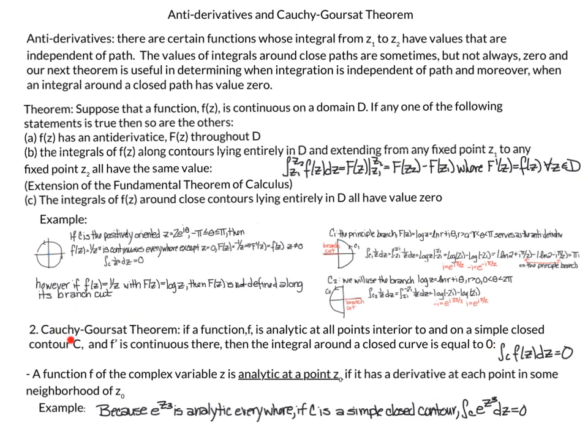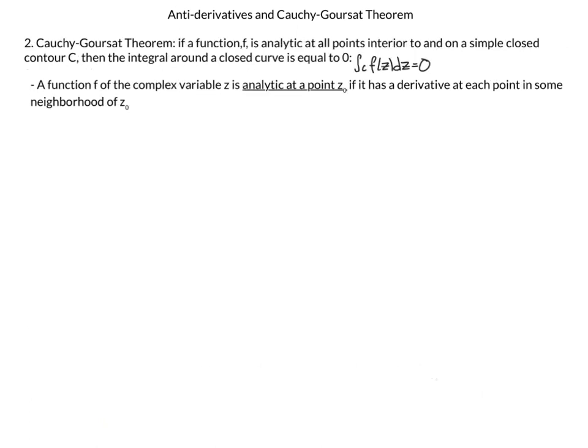The Cauchy-Goursat is very similar to part C of this theorem, in that they both talk about closed contours having zero values. The difference for the Cauchy-Goursat is the conditions you need to satisfy are slightly different. So it's just another set of conditions that you can satisfy to show that the integral around a closed curve is equal to 0.